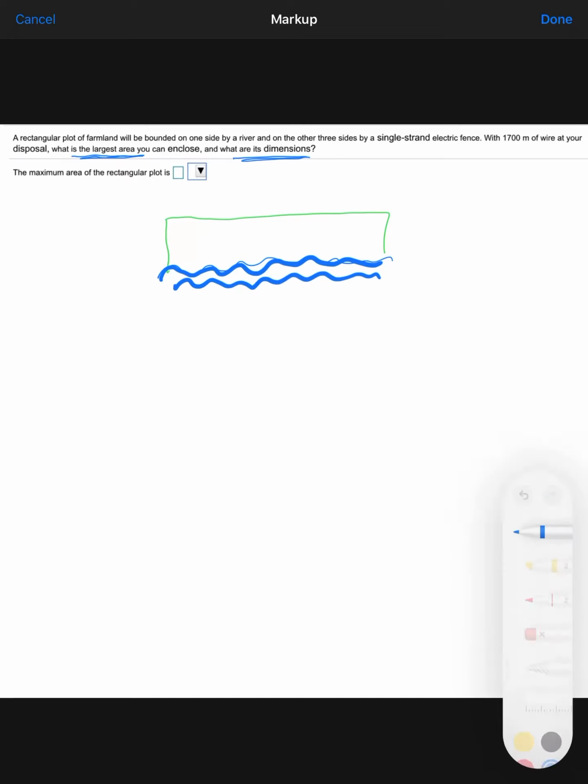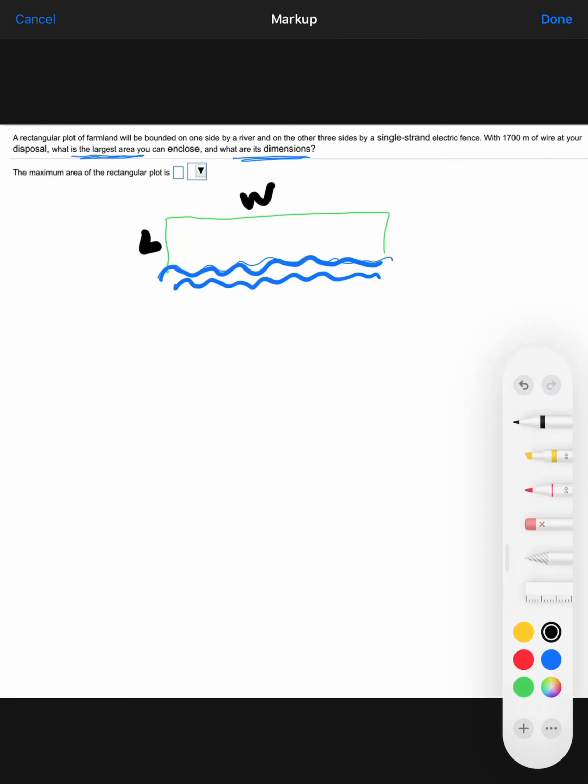Let's swing this back. And it said with 1,700 meters of wire at your disposal. So let's say this represents the length, this represents the width.